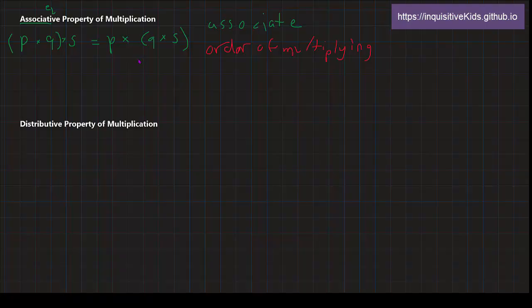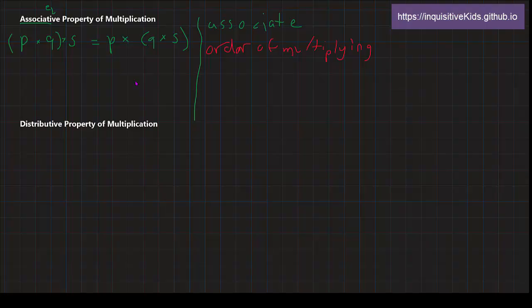So what this is saying here is that the parentheses tell you which one you multiply first. So over here, you first do P times Q, and then after you do P times Q, you would times that with S. But over here, you're doing Q times S, and then after you times Q times S, you would times the P.